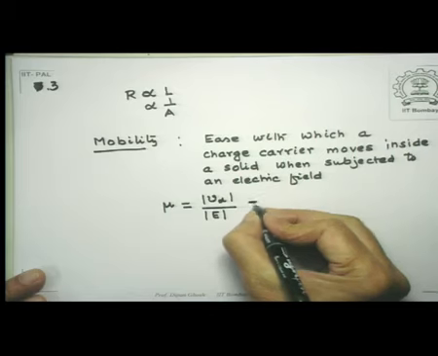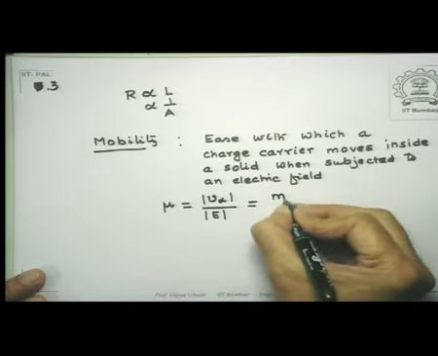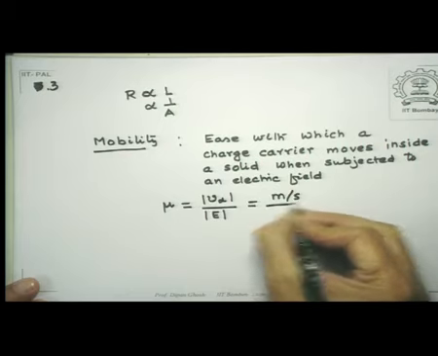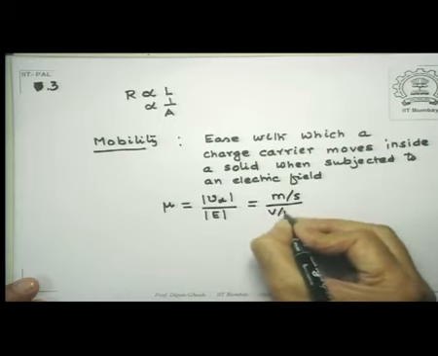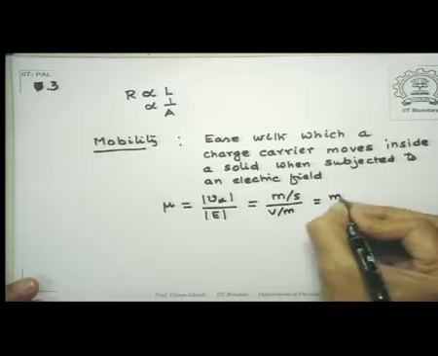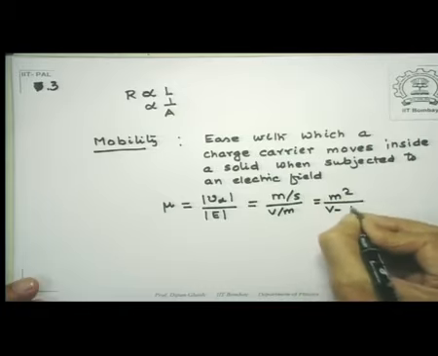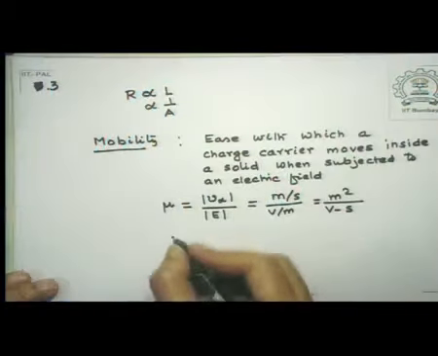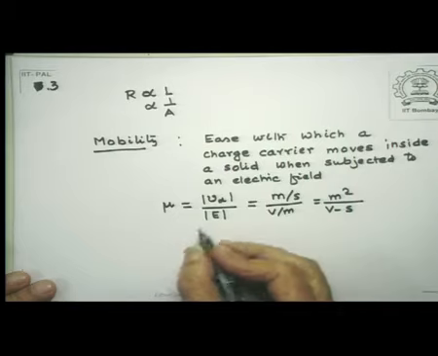Notice that velocity is meter per second, electric field is of course volt per meter, so this has the unit of meter square by volt second. So this is the quantitative definition of mobility, and let us see how it is connected to the characteristic times.